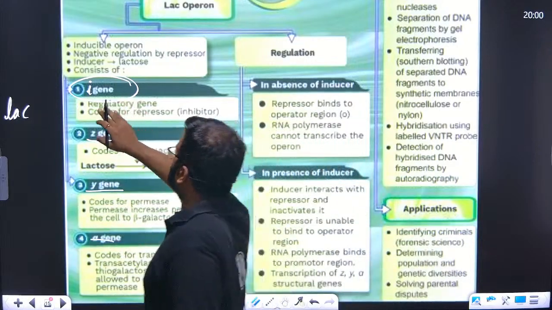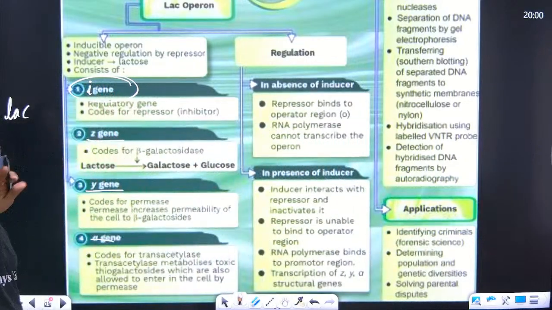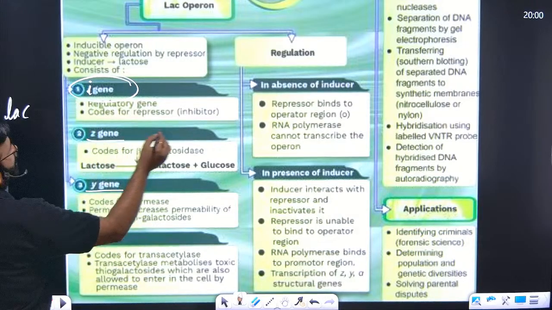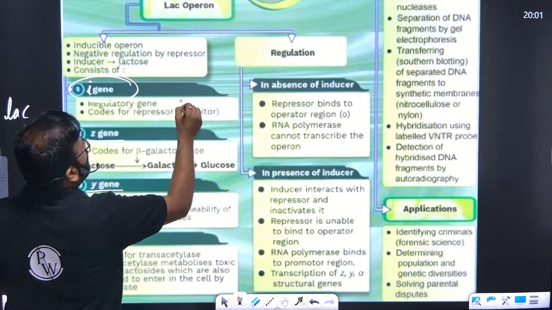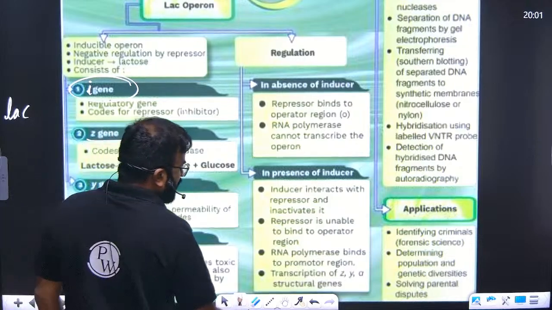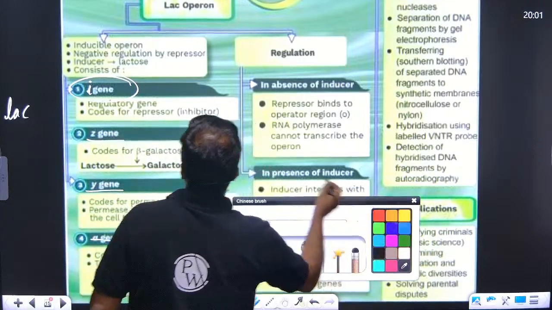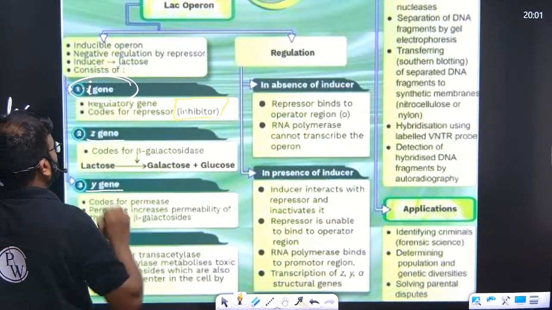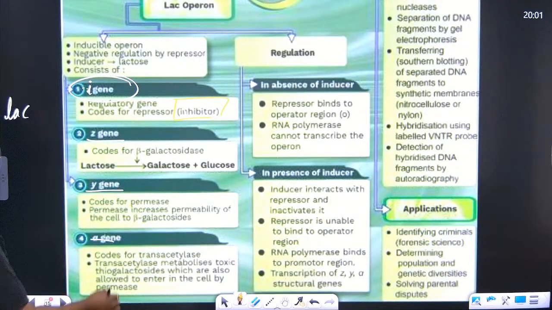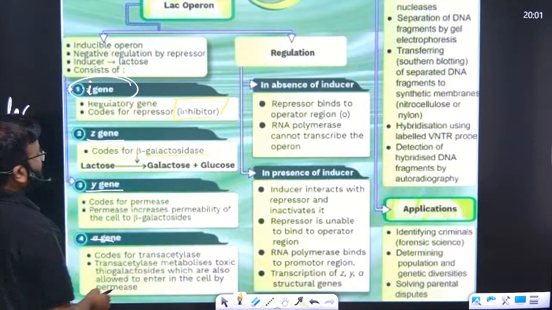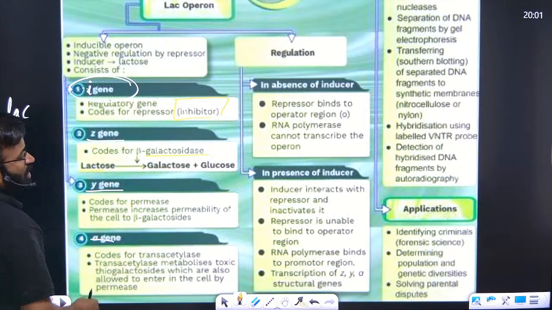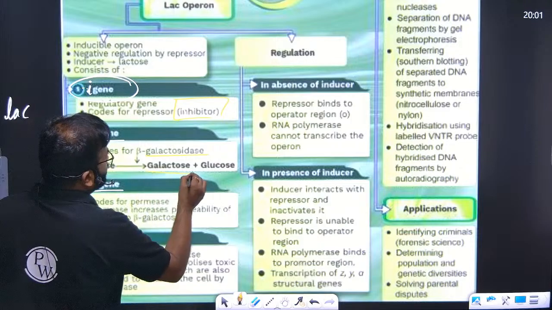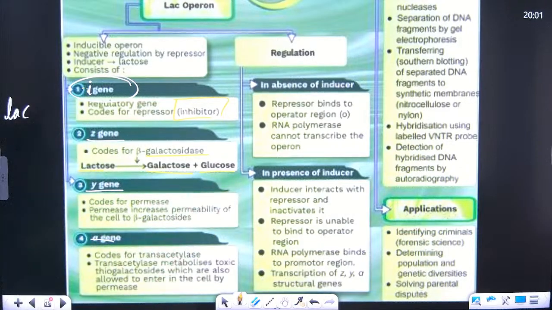Do remember this I is not inducer. This I is for the inhibitor or your repressor. Remember, I is not for inducer. Z codes for an enzyme called galactosidase, which converts lactose into its galactose and glucose.